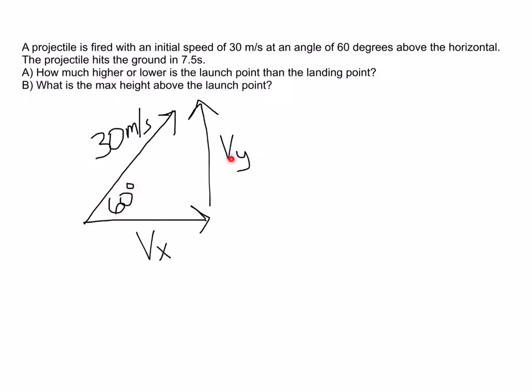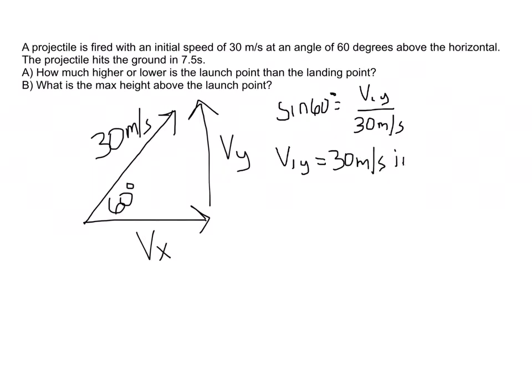The sine of 60 is opposite over hypotenuse. So we get the sine of 60 degrees is equal to this initial velocity in the y direction over 30 meters per second. Or this initial velocity in the y direction is equal to 30 meters per second sine of 60 degrees.